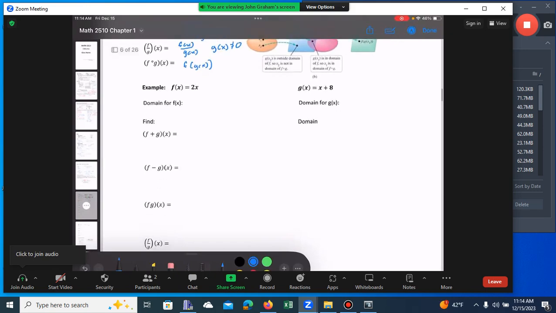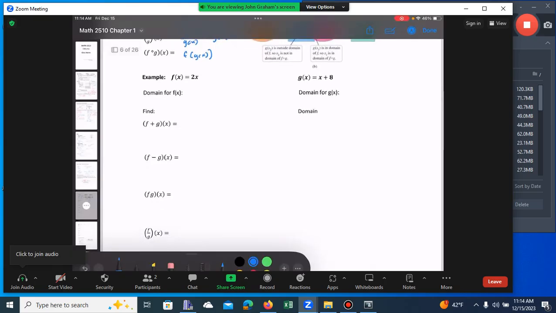All right, so let's take f of x being equal to 2x, g of x being equal to x plus 8. Both of these are linear functions, so the domain is negative infinity to infinity.